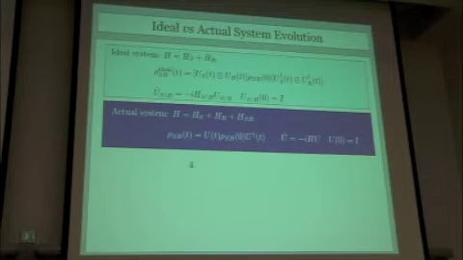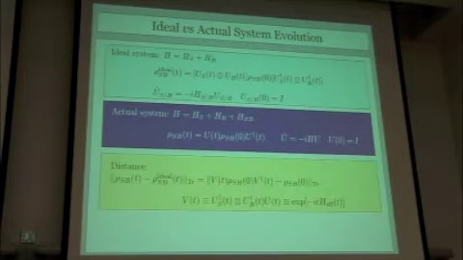So now we can look at the distance between the ideal state, which is up here with system-bath coupling turned off, and the actual state. Now I'm exploiting the previous lemma, that I don't have to work in the reduced space. I can work in the joint system-bath space. And I'm looking at the trace norm distance between the actual state and the ideal state.